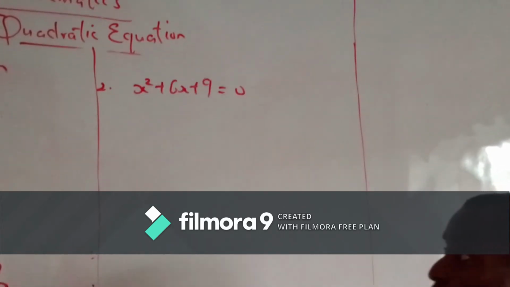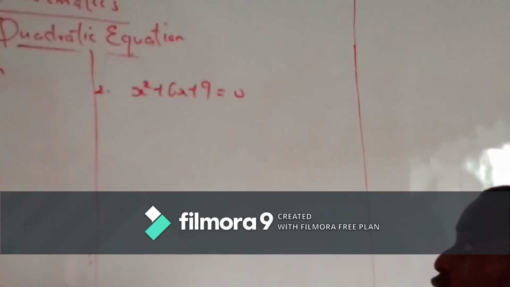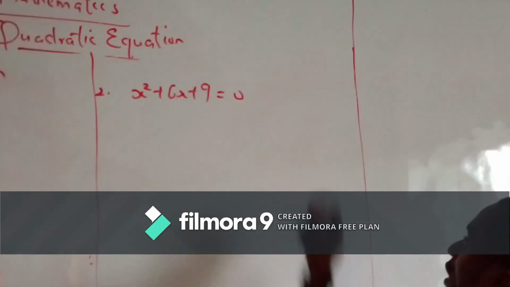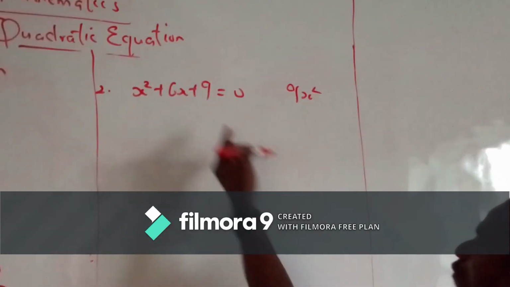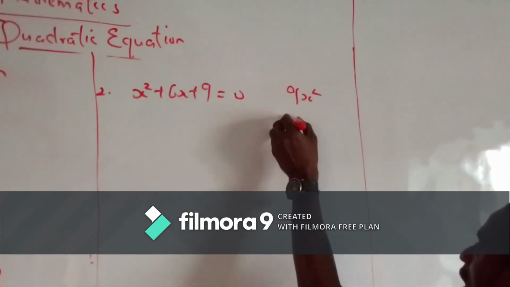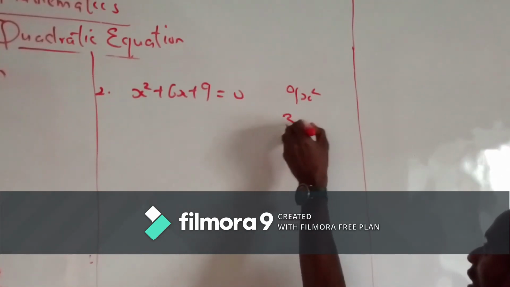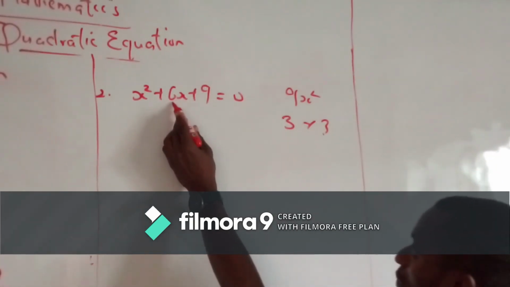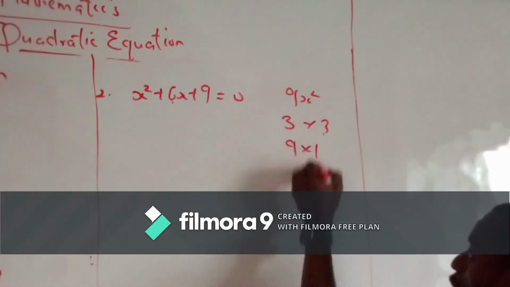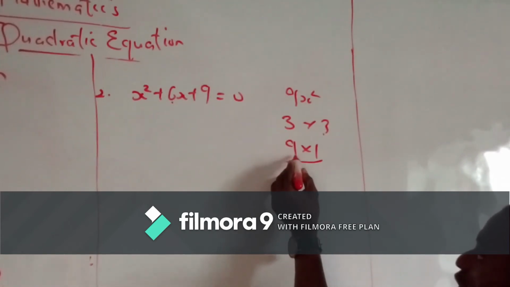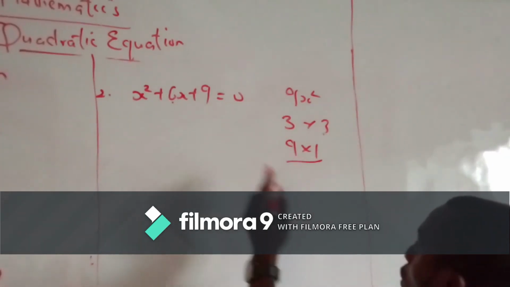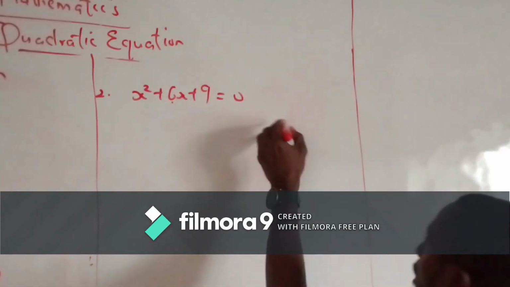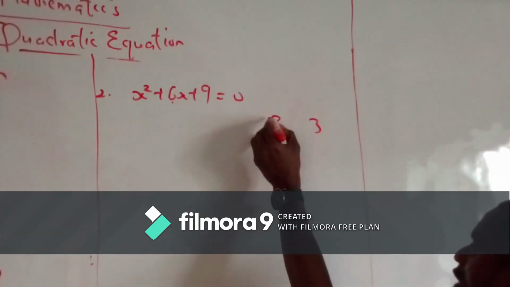We multiply this by this, we have 9x squared. The factors of 9x squared are 3 times 3, and this factor will give us 6, because if we had used 9 times 1, if we add 9 and 1, it will give us 10. So we'll pick 3 times 3. And remember 3 times 3, the sign is positive and positive.